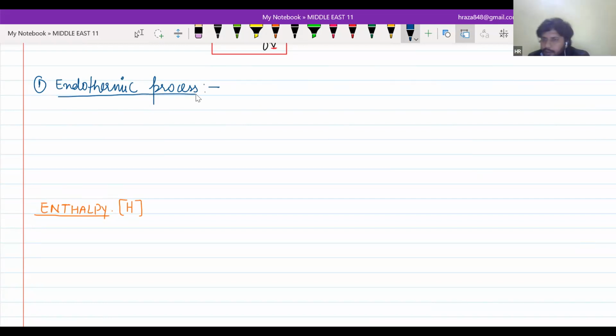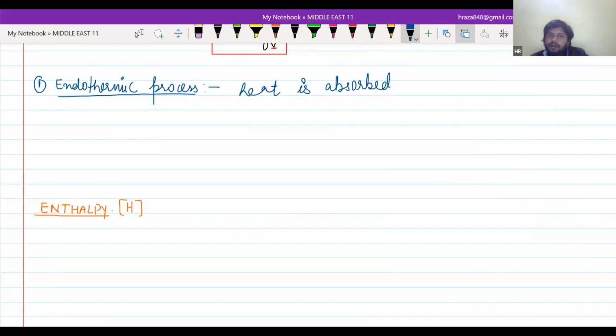Endothermic is a process or a reaction in which heat is required. Is that clear, Krishna? Yes, sir. You need to give heat energy to that process to carry it out. That means I can write heat is absorbed. In this type of process, heat is absorbed.